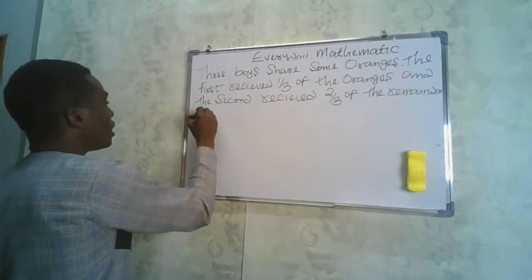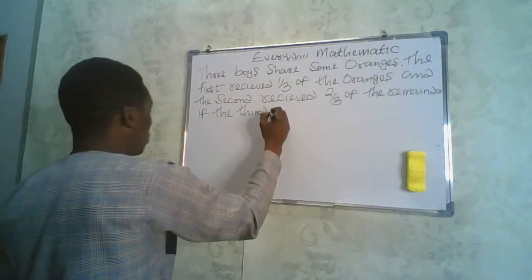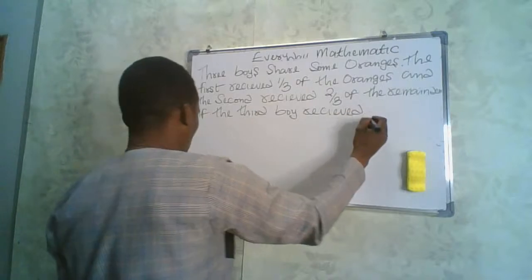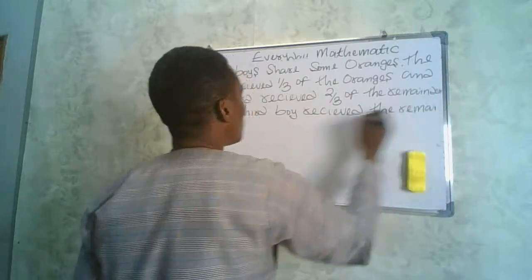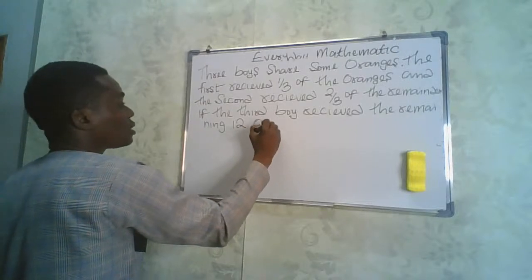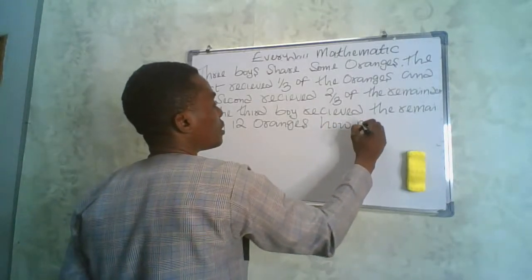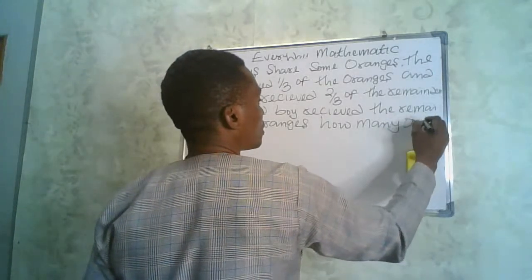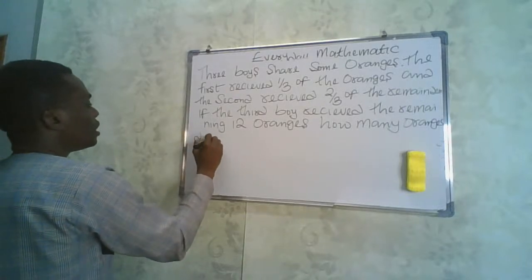The question now says, if the third boy received the remaining 12 oranges, how many oranges did they share?